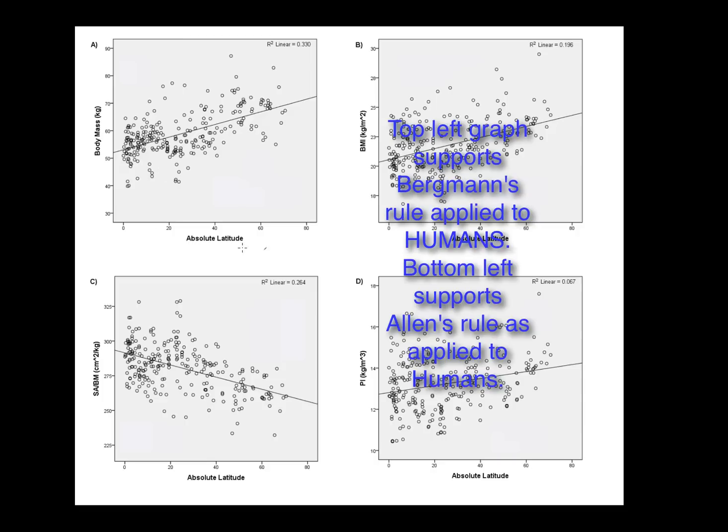So this graph supports Bergmann's rule that animals tend to be larger if they live in colder environments.